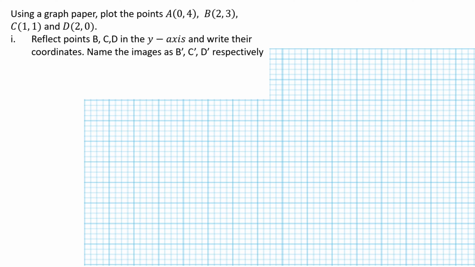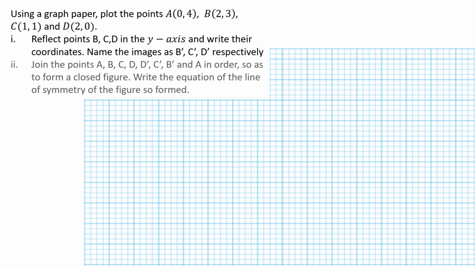Name the images as B dash, C dash and D dash respectively. Join the points A, B, C, D, D dash, C dash, B dash and A in order so as to form a closed figure. Write the equation of the line of symmetry of the figure so formed.